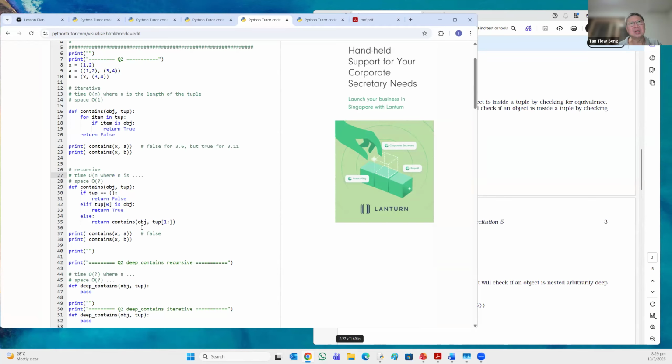These are all dangerous things. Oh, this one, sorry, tuple slicing. O of n squared, because there is O(n) work at each level due to tuple slicing. O of n squared, where n is what? Length of the tuple.